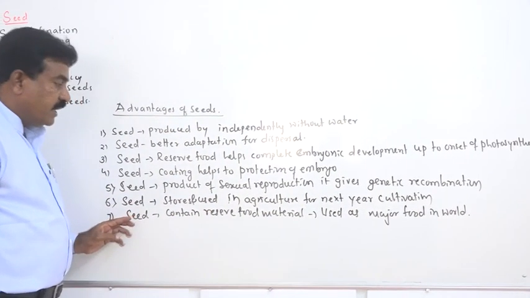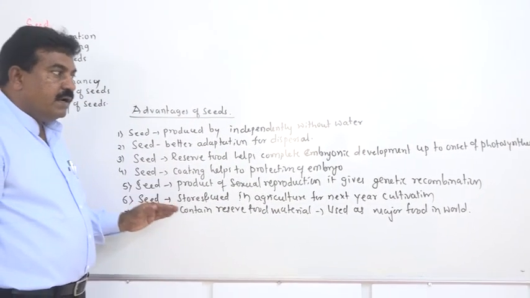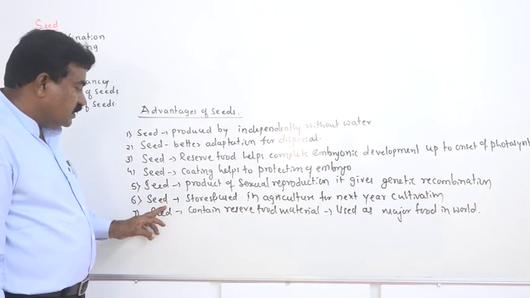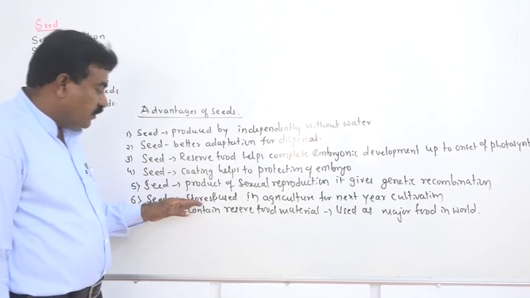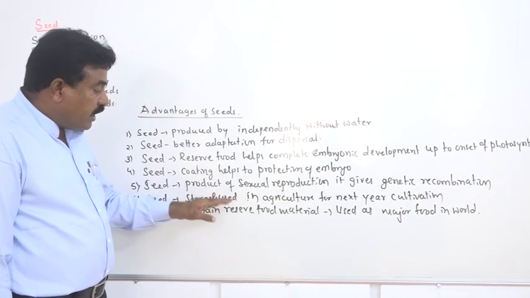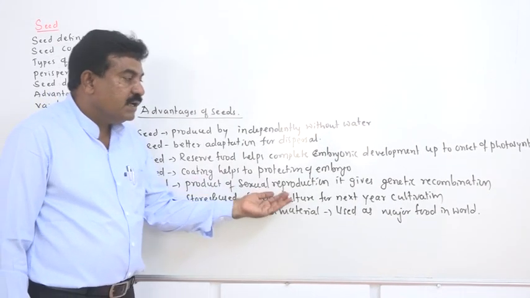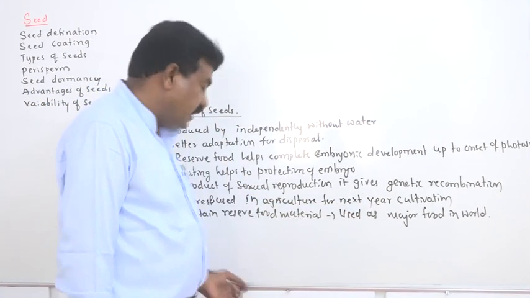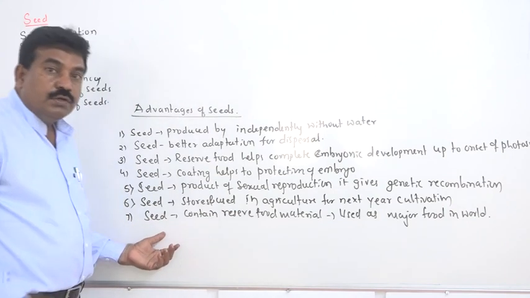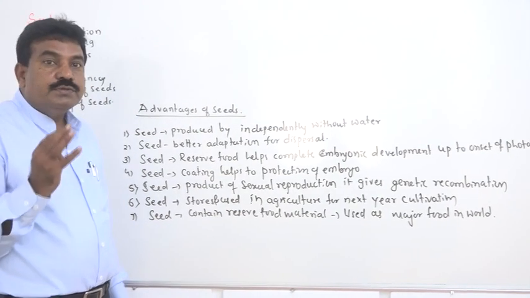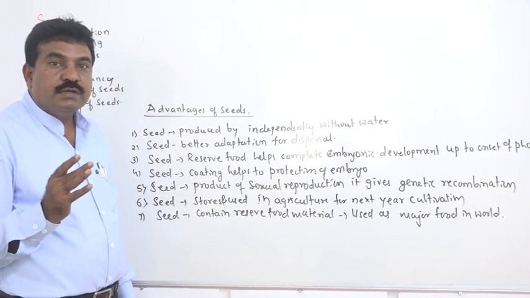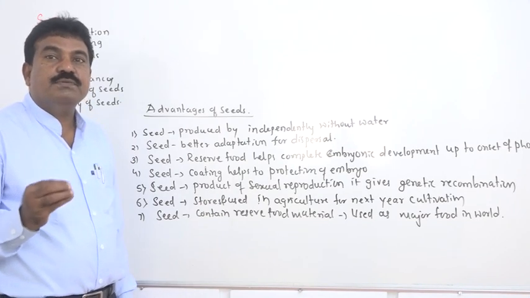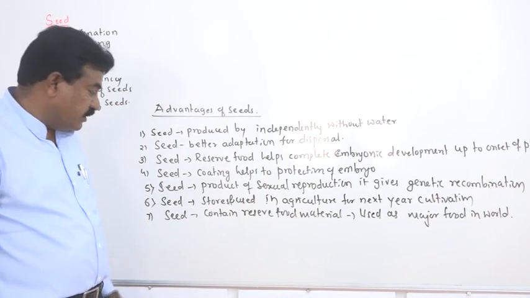Along with that, there are some applications for mankind also. Seed can be stored for one or two years and used the next year for agriculture, for cultivation of a new crop. And the last and most important one: in plants we use stem tubers, root tubers, leafy vegetables, flowers, fruits and seeds as food in a natural condition.